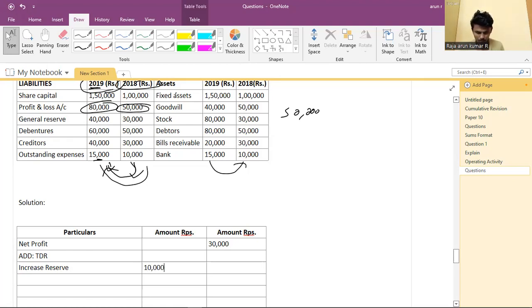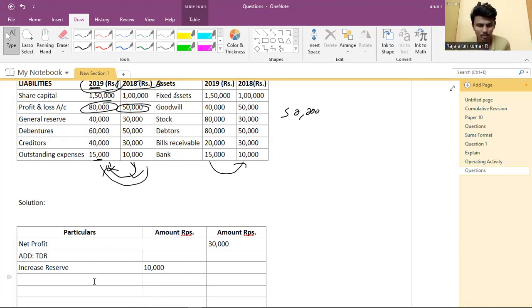Only the difference we take in the operating activity. Okay. Next step: net profit before extraordinary items.